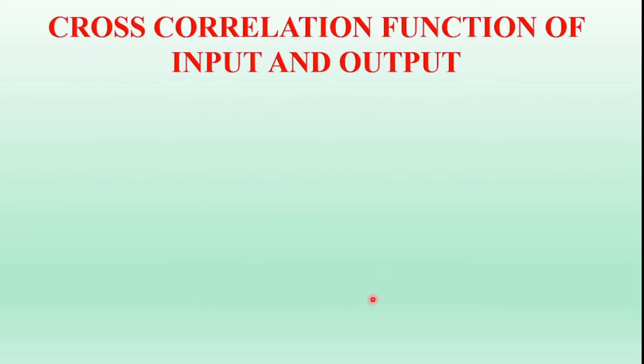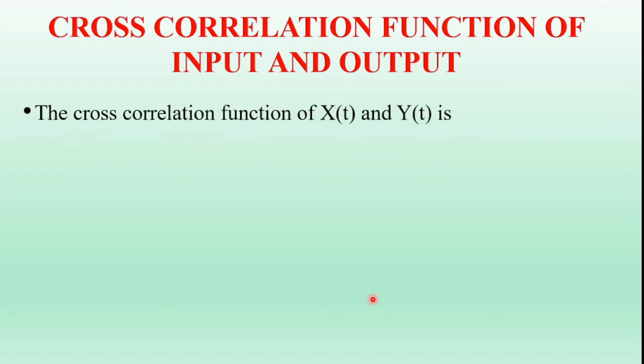Next we are going to discuss the cross correlation function of the input x of t and output y of t. The cross correlation function of x of t and y of t is Rxy of t comma t plus tau, equal to the expectation of x of t into y of t plus tau. This is the definition of the cross correlation function of the random processes x of t and y of t.